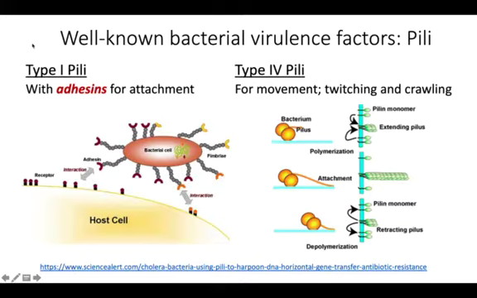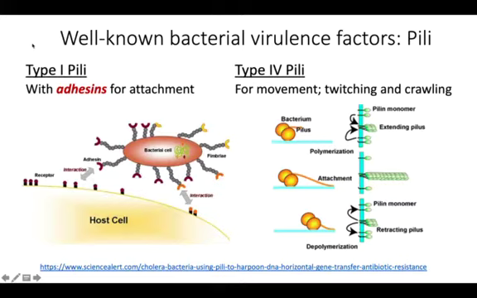As that pili contracts, it will pull the bacteria. If you've got several bacteria on a cell or on the surface, it will end up pulling them closer together. Again, this pili is associated with movement, a twitching and crawling type of movement.